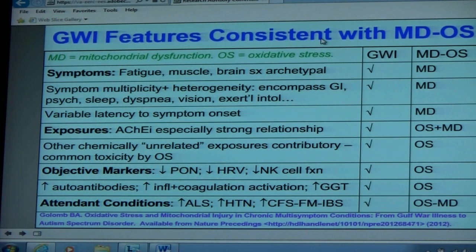Also attendant conditions that have been reported to be elevated in Gulf War veterans, such as ALS, hypertension, and the spectrum of chronic fatigue syndrome, fibromyalgia, and irritable bowel syndrome, have a documented relationship to oxidative stress and mitochondrial dysfunction. Next slide.